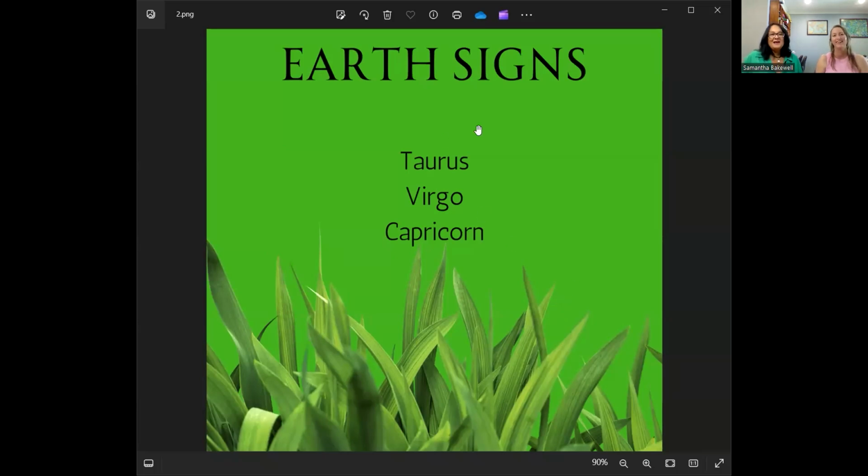So earth signs, Taurus, Virgo, and Capricorn. This is kind of instead of masculine now moving more into the feminine. Exactly. The earth element provides solidity and stability and persistence, and they know how to bring their undertakings to a successful conclusion.